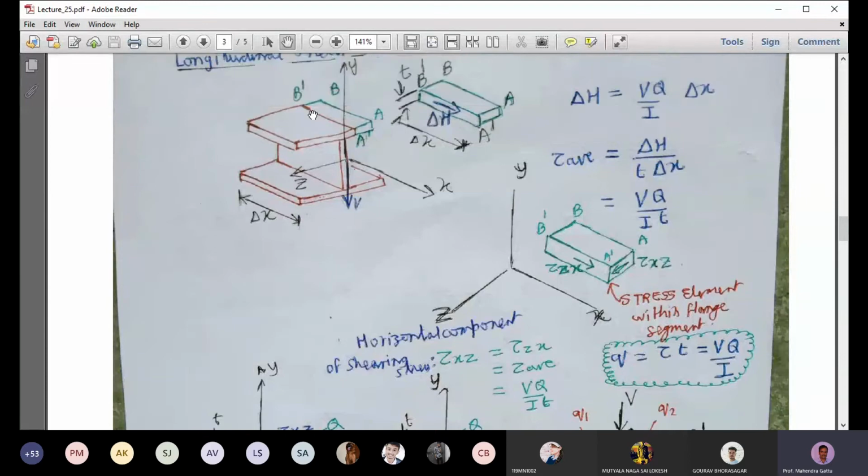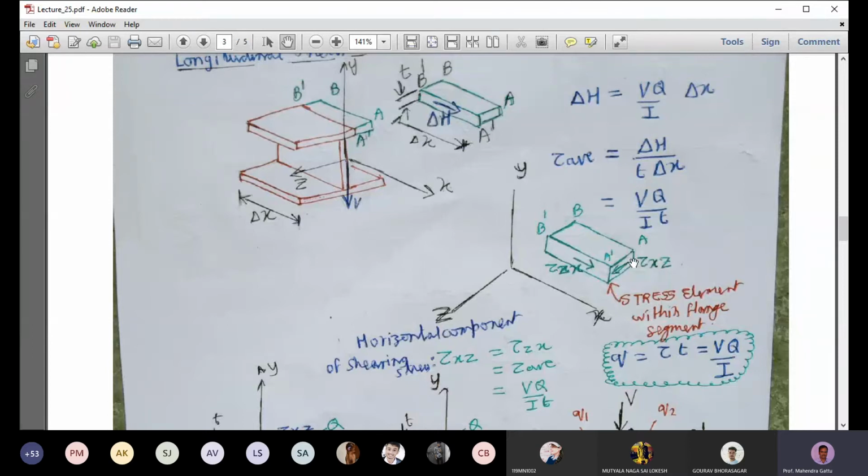Because there is a horizontal shear, there is a corresponding tau zx, and to balance the tau zx there is a corresponding tau xz. The shear will act towards the vertical axis, towards the y-axis, which is the plane of symmetry. So if you take any point between A and the plane of symmetry, the shear stress is acting towards the plane of symmetry.